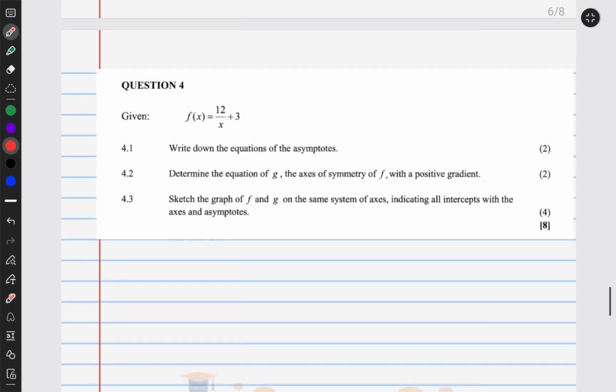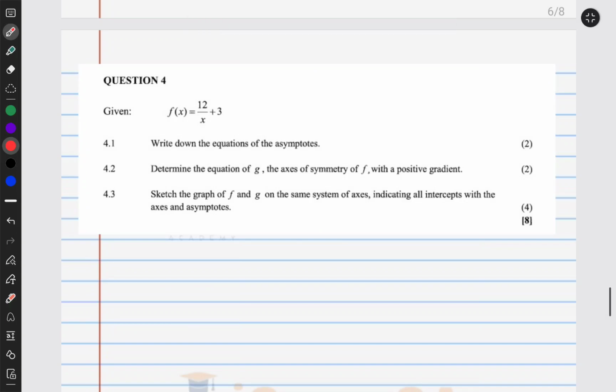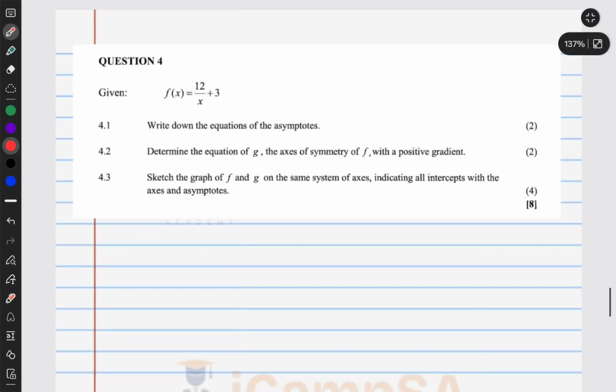For question 4, what do we have here? f of x is equal to 12 over x plus 3. x is the denominator now, the variable x. What does that tell us? It tells us we are dealing with a hyperbola plus 3.